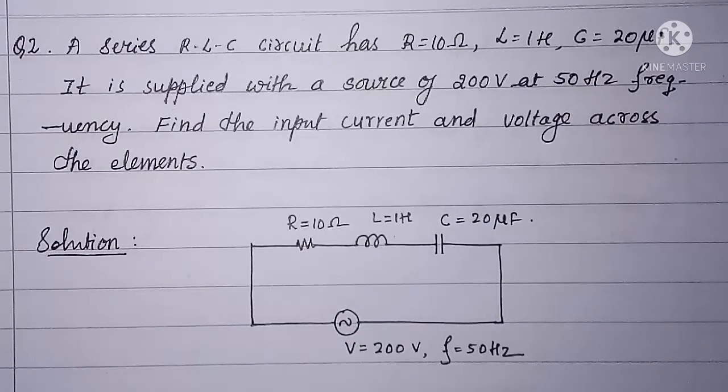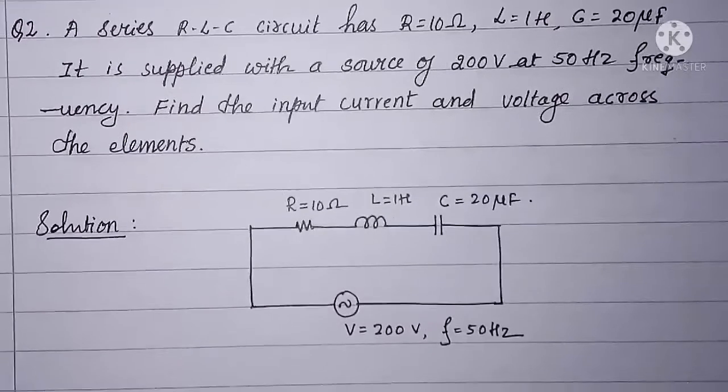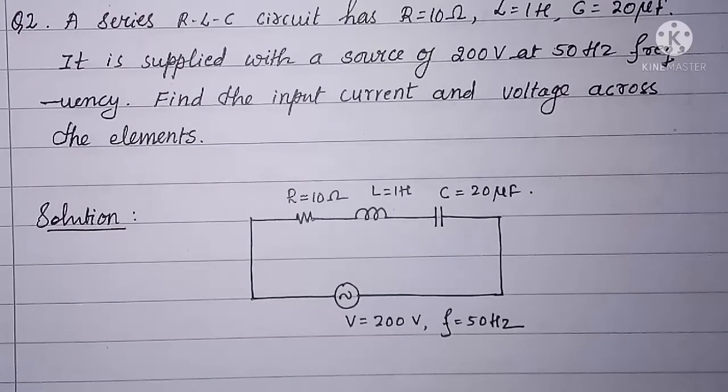To find the input current we need to calculate the impedance, and for calculation of impedance we need XL and XC value.